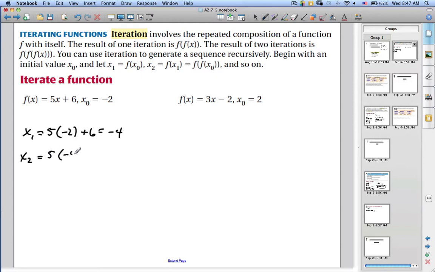It's 5 times negative 4 plus 6. Negative 20 plus 6 is negative 14. X sub 3 would be 5 times negative 14 plus 6. So negative 70 plus 6 is equal to negative 64.